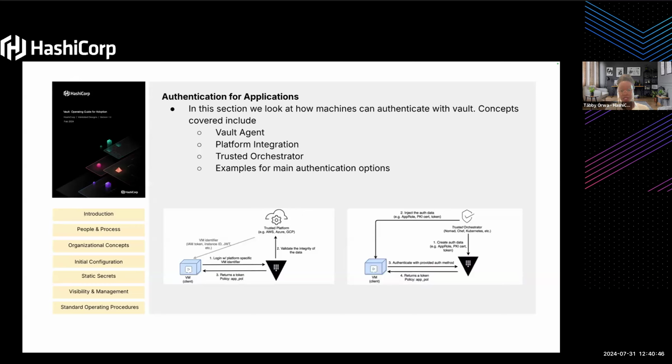Vault uses that token to query the AWS API and verify its validity and fetch additional metadata about said instance, things like account ID, VPC ID, AMI, region. All these properties are used to determine the identity of the client and to distinguish between different roles. Is it a web server? Is it an API server?